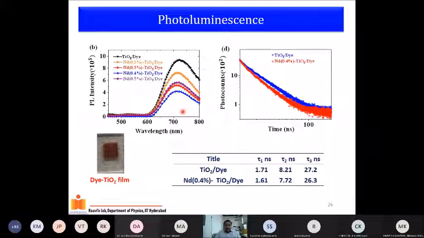So it says that maybe upon ruthenium doping of the titania, the dye is finding more sites to inject, and the injection efficiency at the dye titania interface is higher when you choose the doped titania compared to the undoped titania. So this is the dye film, and this is the steady state PL.